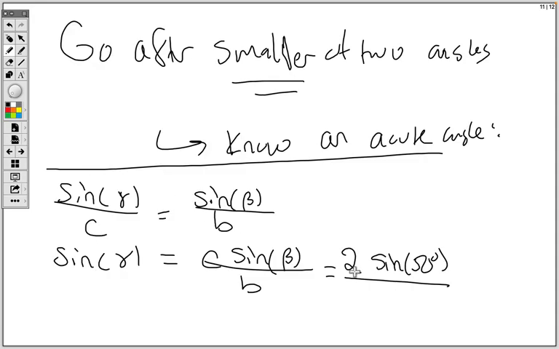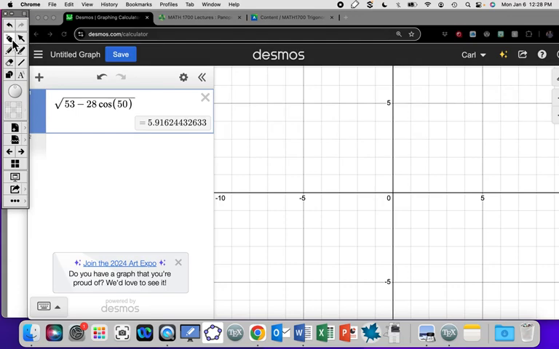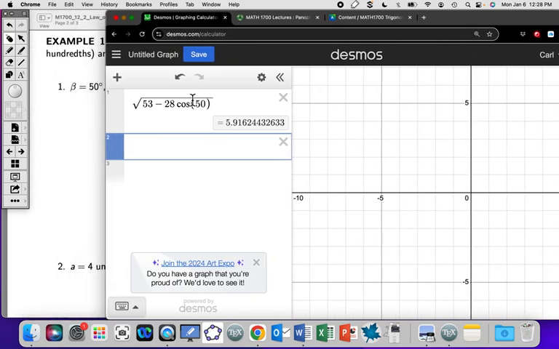It's roughly 5.92 units. All right. So let's go through the machinations here. Now what I do is I've got this in Desmos, so I can use this expression for b instead of incorporating any round-off error.